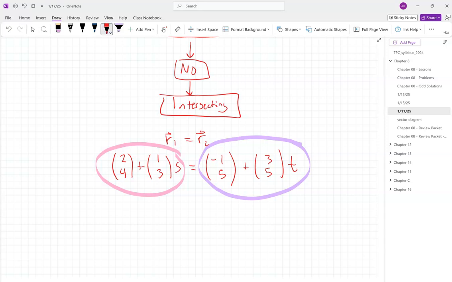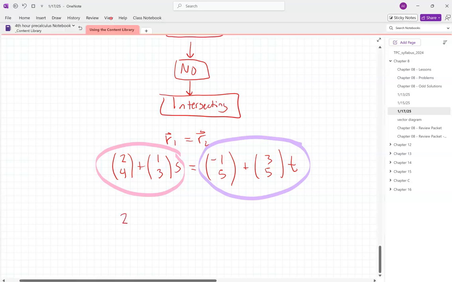So what this is saying then, if these two things are equal, 2 plus 1s has to equal -1 plus 3t, right? 2 plus 1s equals -1 plus 3t.